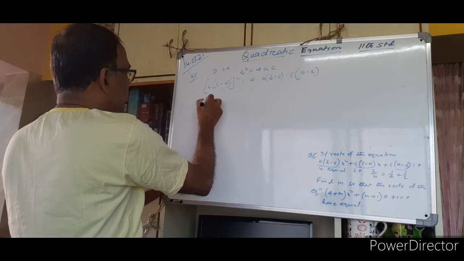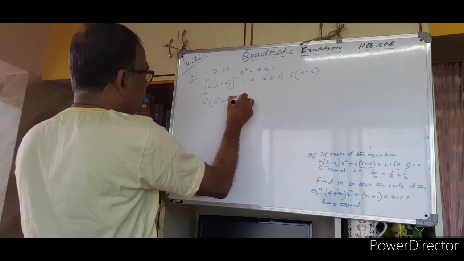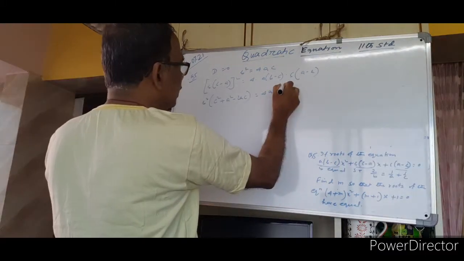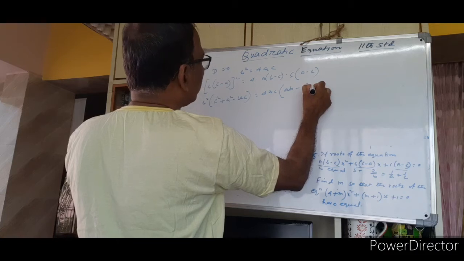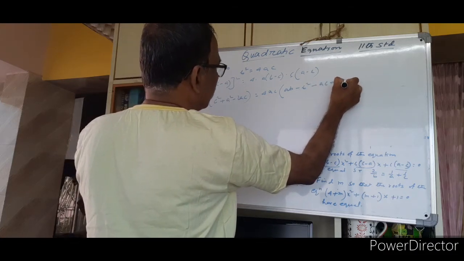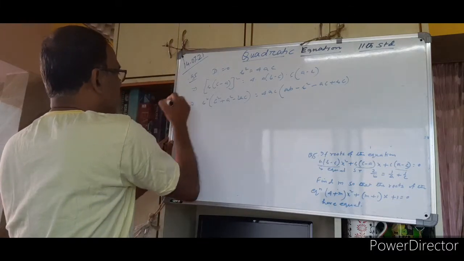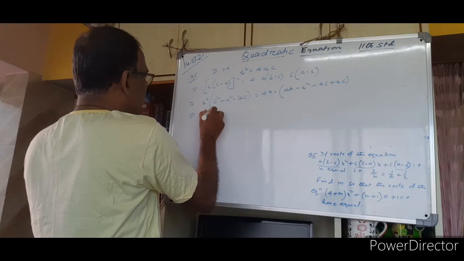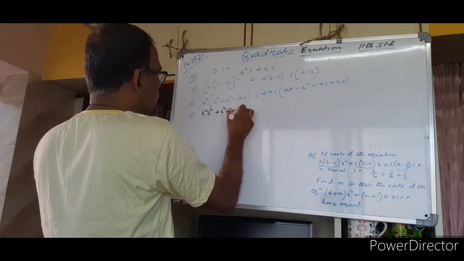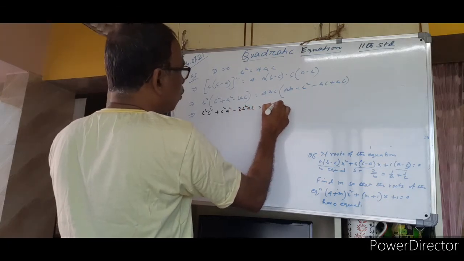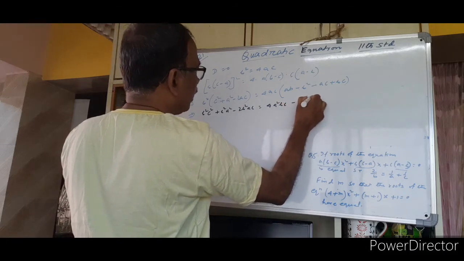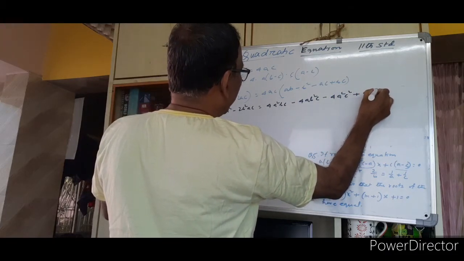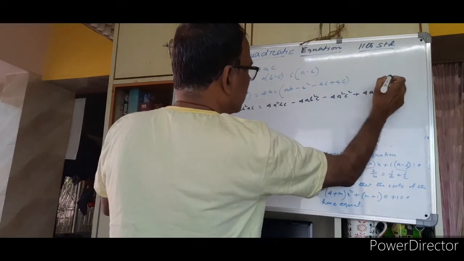Now break this. That is b square c square plus a square minus 2ac equals 4ac, 4ac ab minus b square minus ac plus bc implies that is b square c square plus b square a square minus 2b square ac equals 4a square bc minus 4ab square c minus 4a square c square plus 4ab c square.